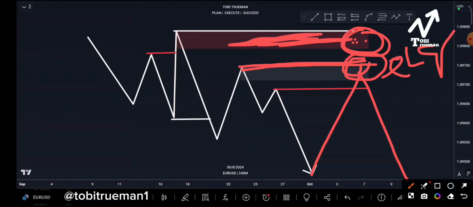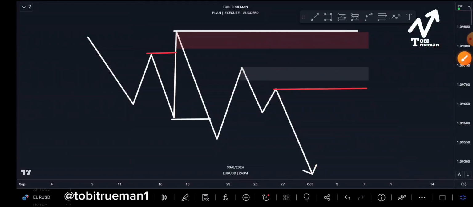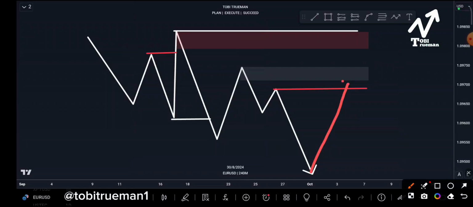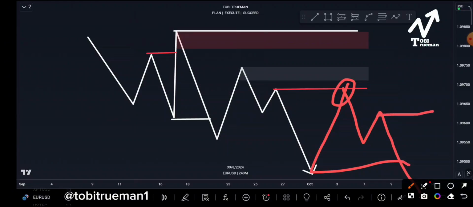extreme order block. So the scenario that can happen here, the major and minor inducement can be used to form market structure. If price comes to this particular minor inducement, gives us our entry, and then comes down, makes a break of structure, we now know that this is our inducement, and this will then become our major structure high point.